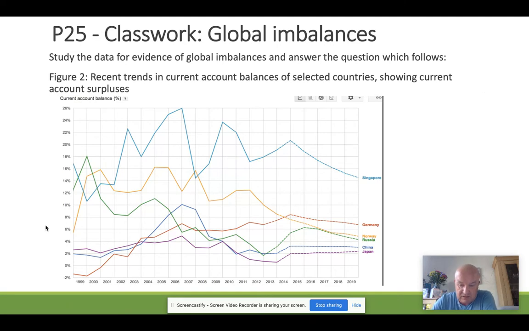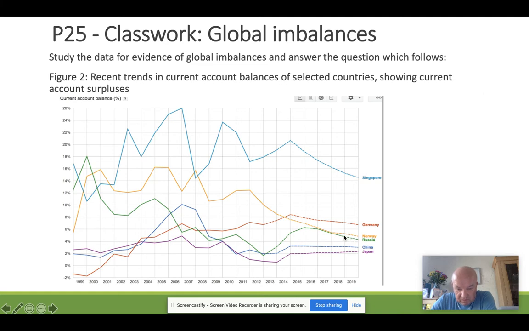So if we take Germany as an example, generally speaking, they are considered to be quite an internationally competitive country. They've got very efficient industries, and also they're producing goods and services that other parts of the world are willing to buy. Okay, but Singapore, as you can see, have got significant current account surpluses.